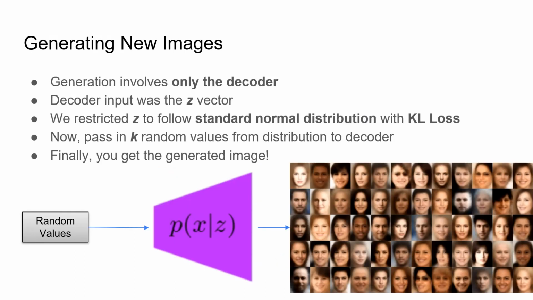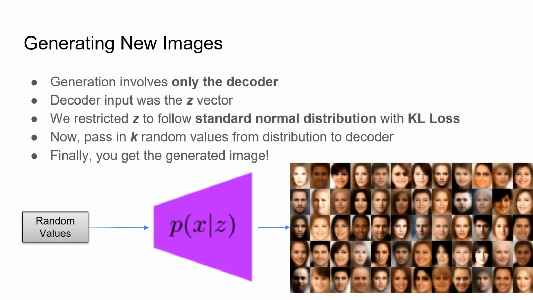Finally, let's see how to actually generate images. The encoder does not play a role in the generation process. Once the variational autoencoder has been trained, all you need is the decoder. Before, we used to pass in the z vector, which would output the reconstruction image. Now to generate new images, we can just input random values instead of z.